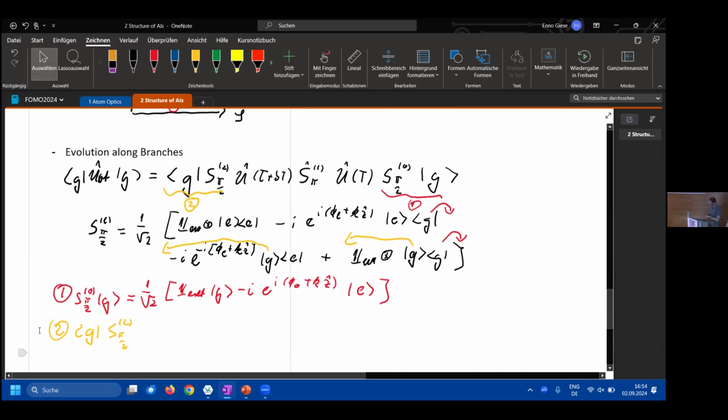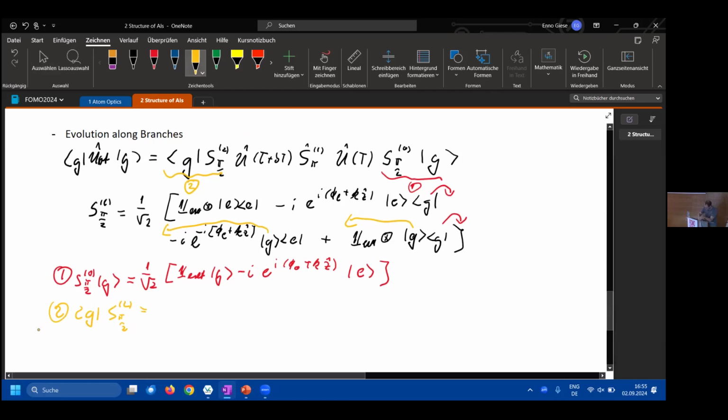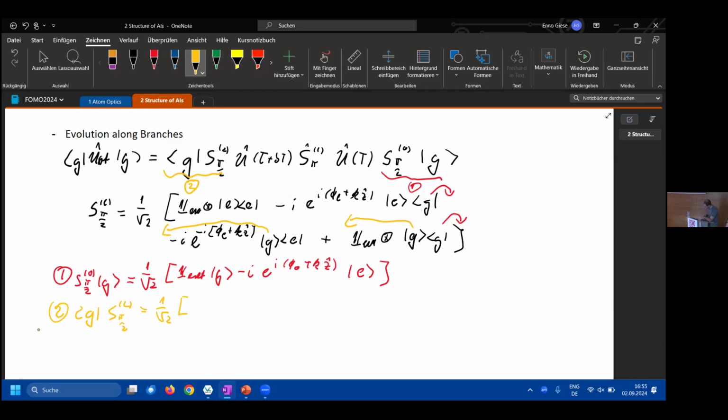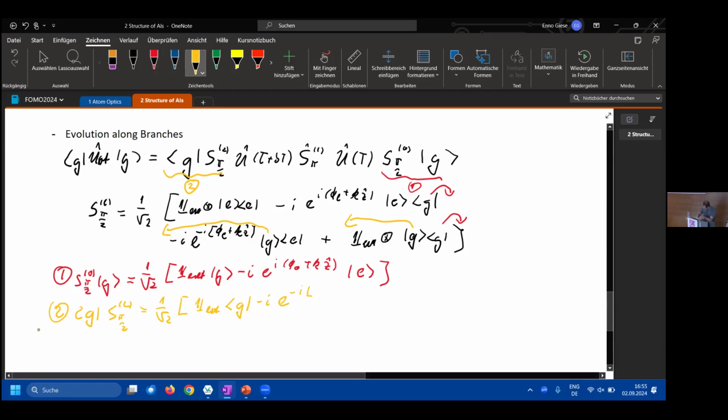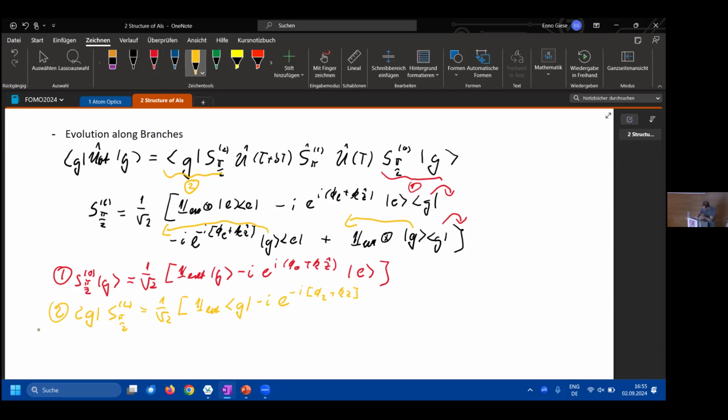And we can write this as 1/√2 times 1 external. So it's still an operator acting on the external degree of freedom, as you see. And now it's G acting from the left, minus i times e to the minus i (phi 2 plus kz) times the excited state. Okay, good.